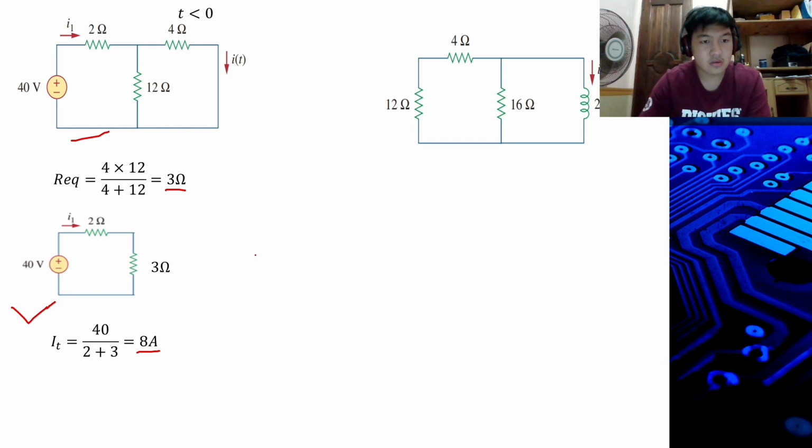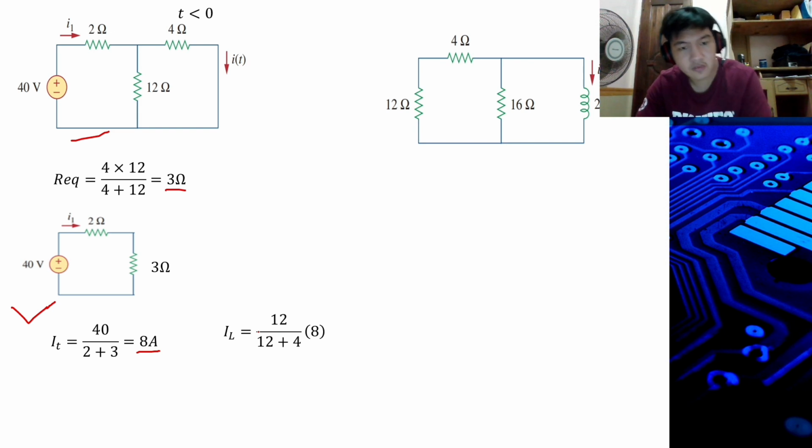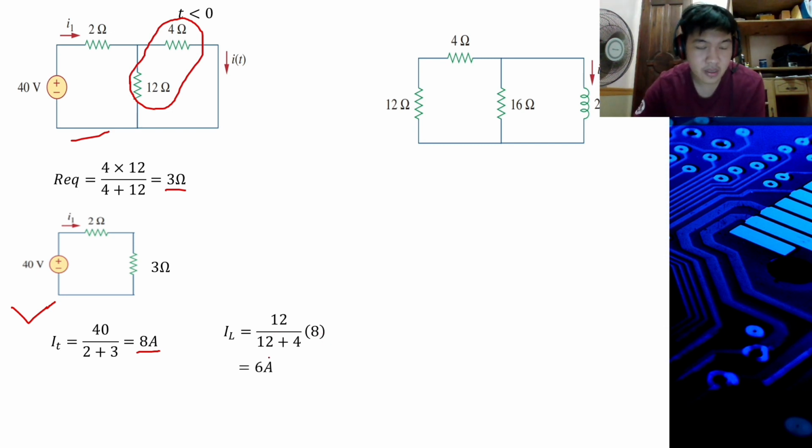With that, we can get the inductor current I sub L using the current division formula: 12 over 12 plus 4 times 8 amps is equal to 6 amps. Okay, that is at time less than 0.